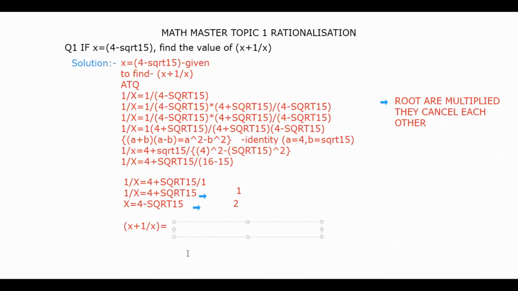So now put the values here. What is x in equation 2? It is 4 minus square root 15 plus, let's put it in brackets, what is it? 1 upon x is equal to 4 plus square root 15. How have we put the values?